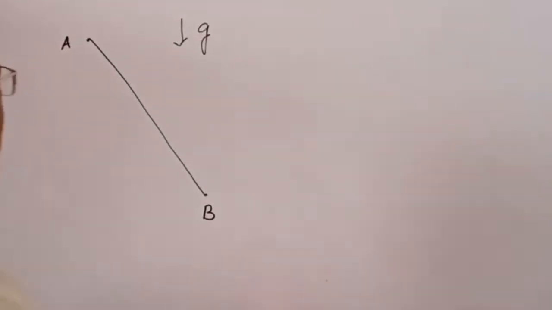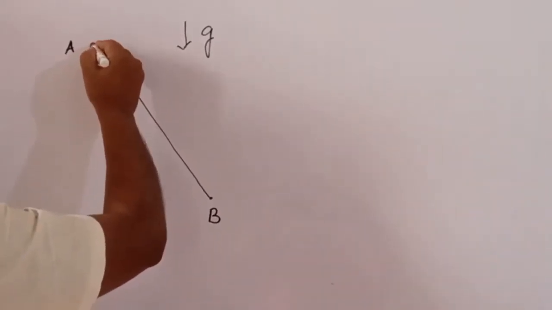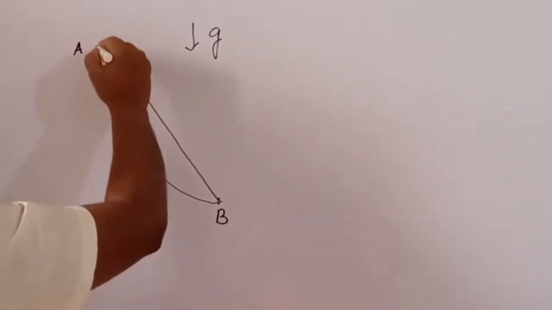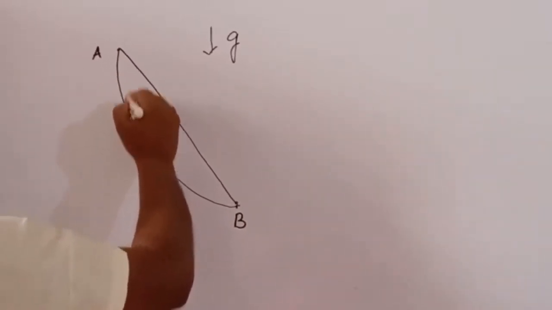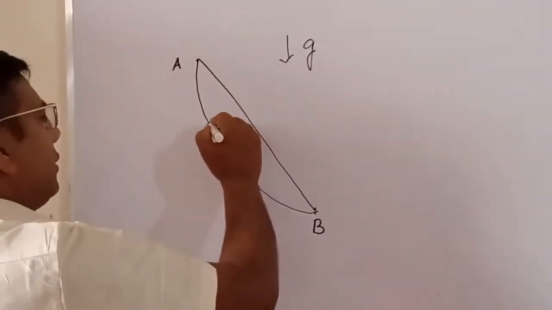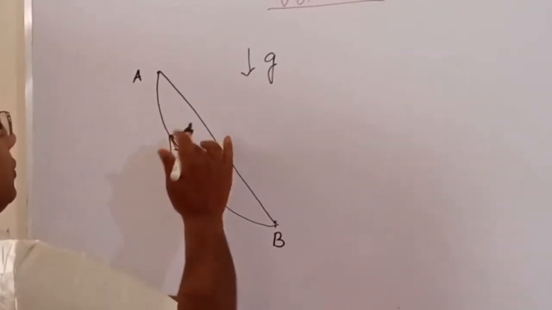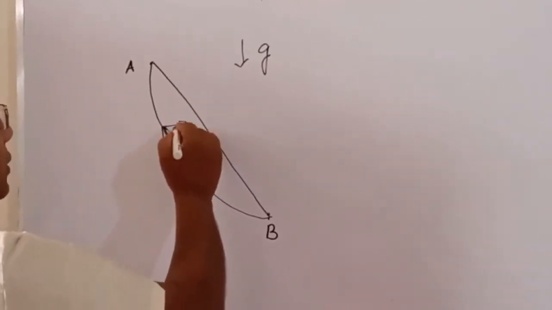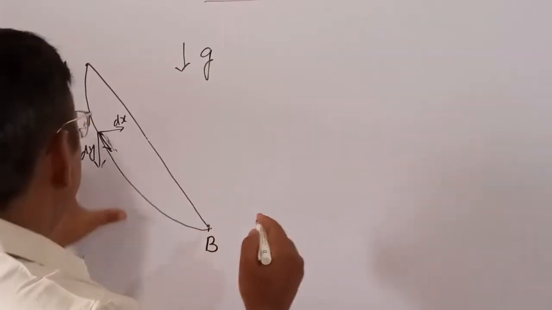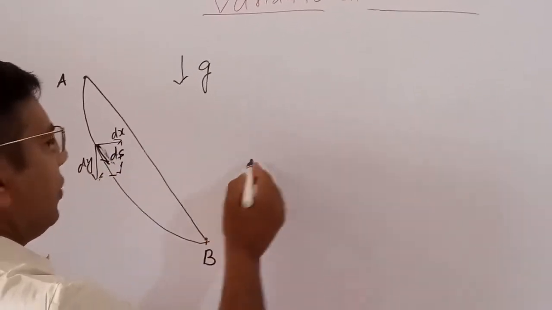We can try this problem this way. Suppose this is the path; we don't know what the path will be, but let's take a small element here, of length ds. What is ds?